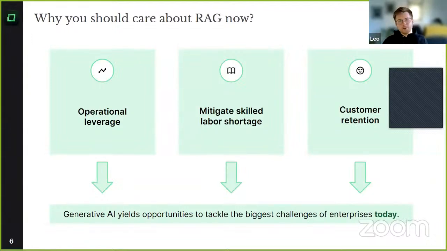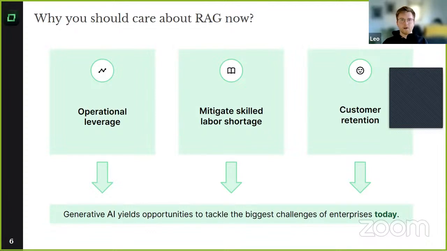And why should you care about this at all? If you can manage to combine the power of a language model with the hidden knowledge inside the data of your organization, you can have a huge operational leverage. Think about the shortage of labor skills.